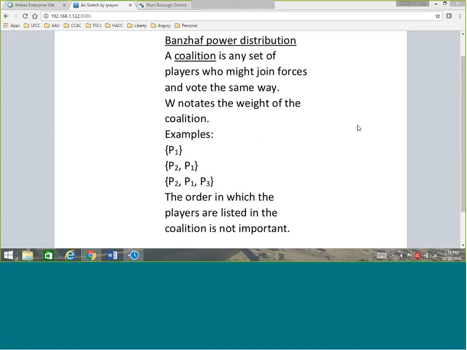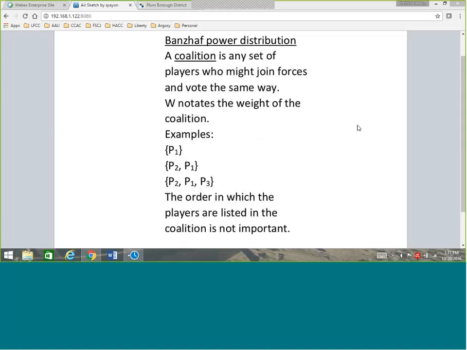Okay, so the first one we're going to look at is the Banzhaf power distribution, and we have more vocabulary words that go along with each of these distributions. We have the general vocabulary words that we've already talked about. Now with the Banzhaf power distribution, there'll be some other vocabulary words, and then the same thing with the Shapley-Shubik power distribution.